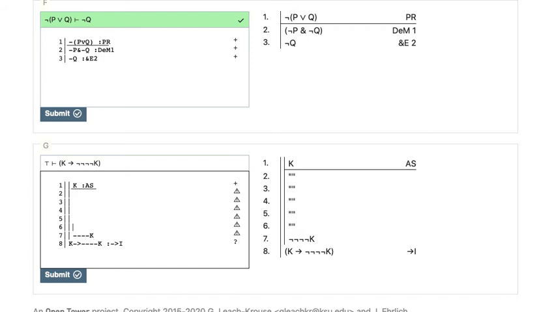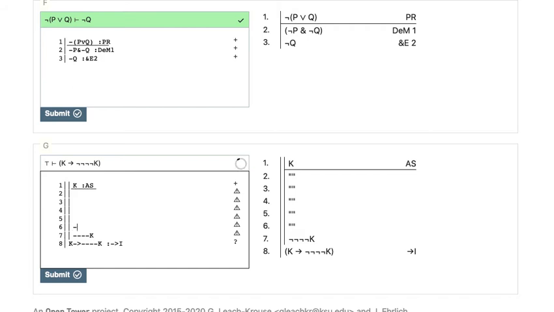Well, one thing is that it's got a bunch of negations in a row, and we have this double negation rule that lets us remove a pair of negations next to each other in a sentence, or add a pair of negations next to each other.